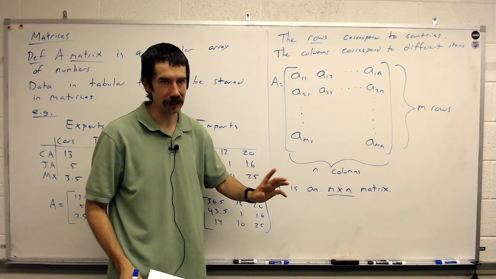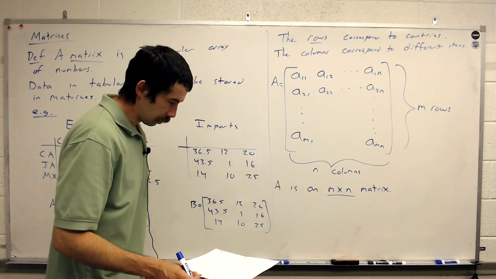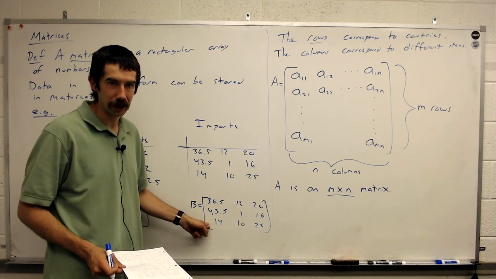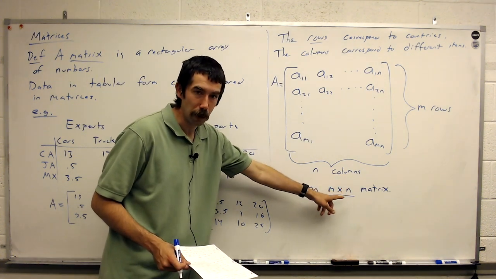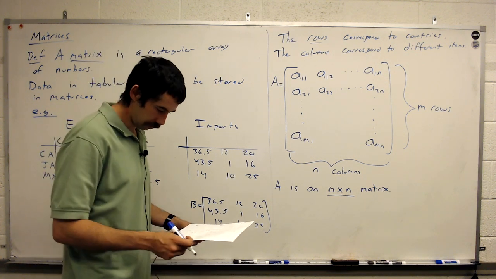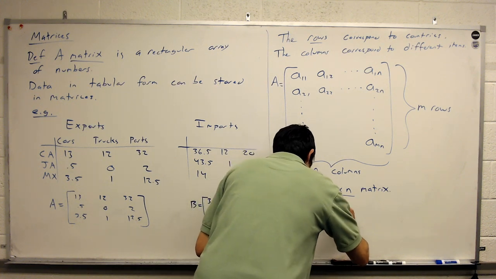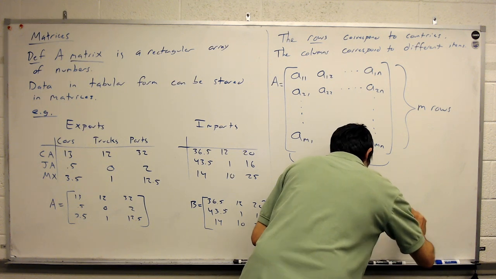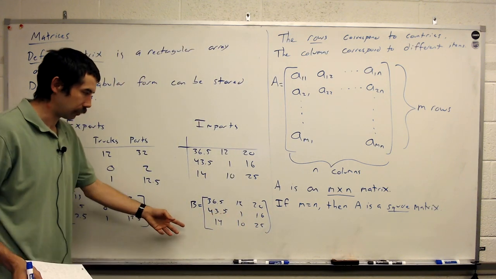Okay, this is not multiplication. It's literally just the letter X. So this matrix here is a 3 by 3 matrix. If M and N are equal, like we have here, then it's a square matrix. Why is it a square matrix? Well, it looks like a square.